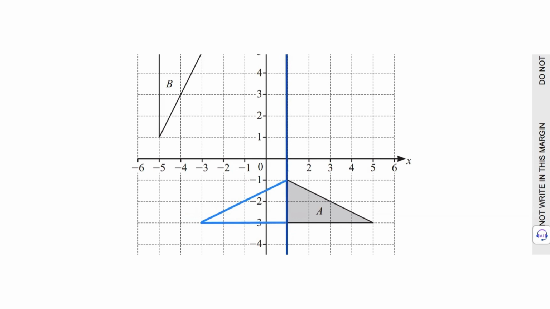This is a reflection. Why is this a reflection? Because the original image, triangle A, lies exactly on the line of reflection. These 2 points are going to be exactly the same. They're not changing. What's changing is this point, 5, -3. So 5, -3 now becomes -3, -3.